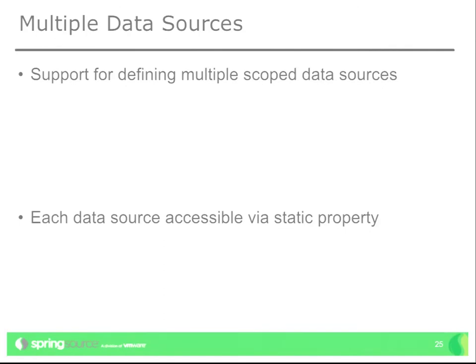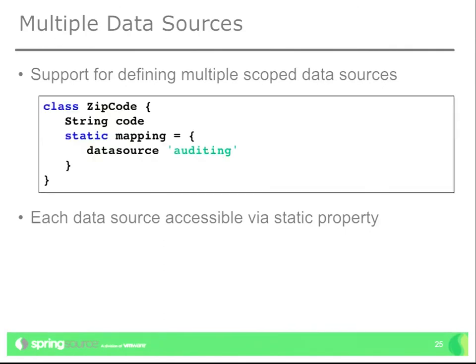For a long time, so in Grails 1, you configure one data source in your application. Really, you can configure as many data sources as you like, but GORM only uses one data source, right? So your application has one data source, and the ORM layer inside of your Grails app, GORM, only deals with that one data source.